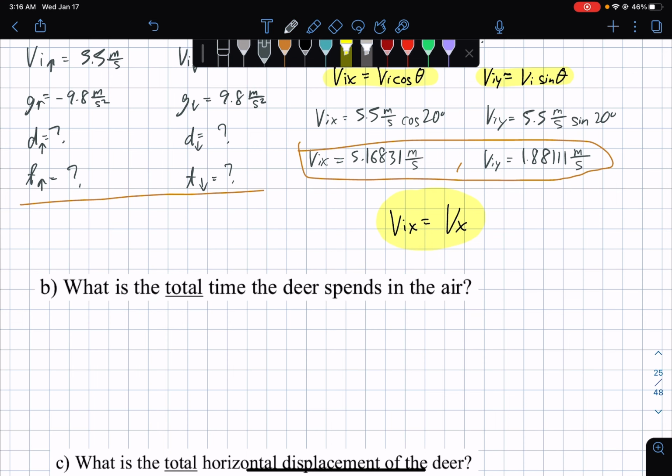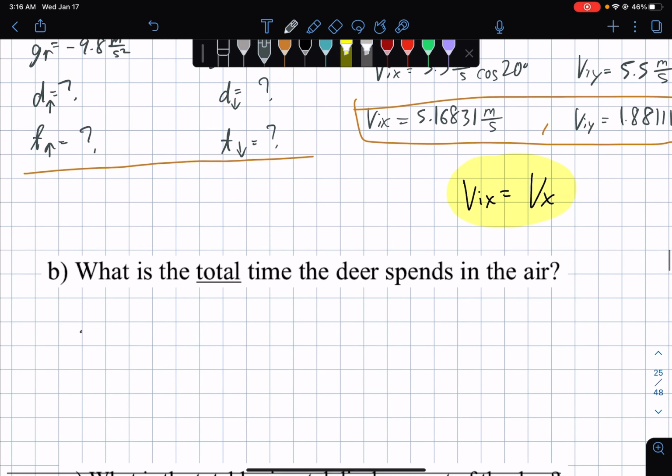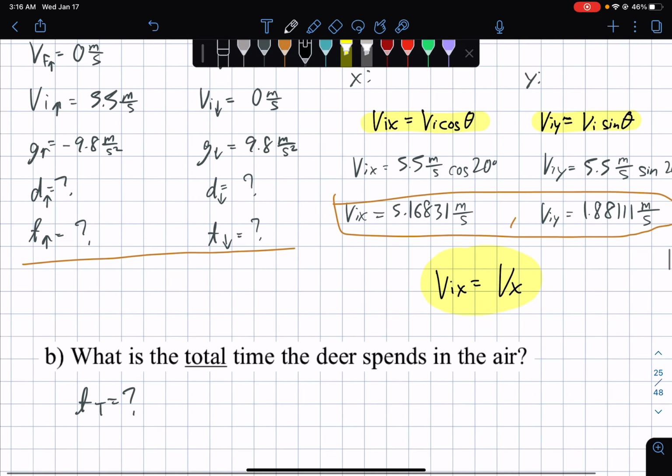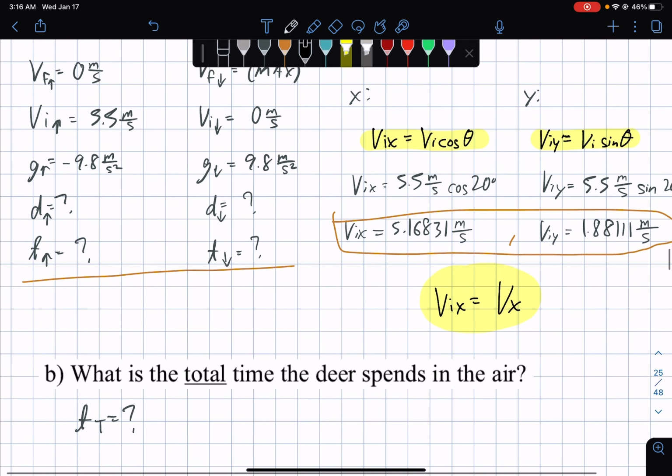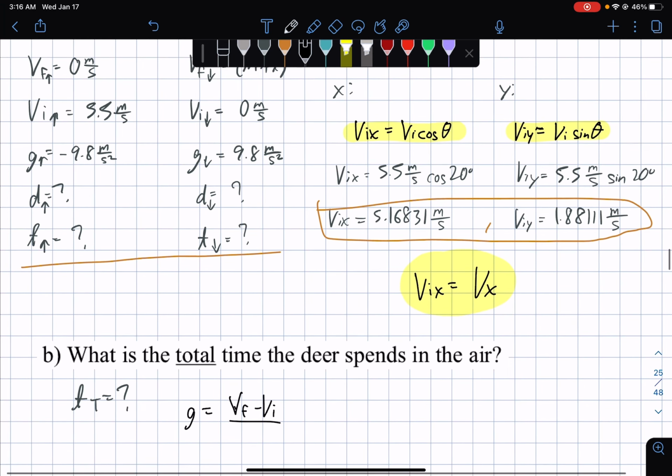Okay, so what was the total time the deer spends in the air? In other words, time total is missing. So how do we solve based on what we have right now? Let's try, yeah, let's look for the time going up.